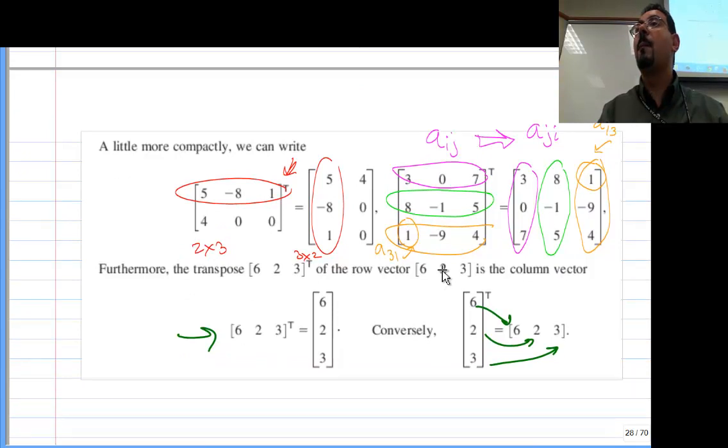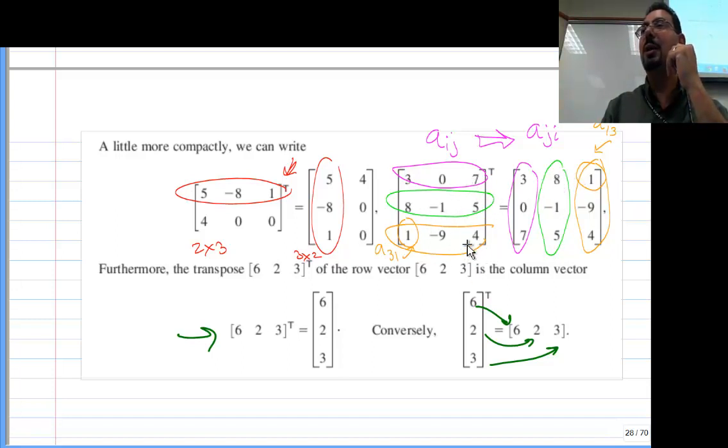On the left-hand side, it's turned counterclockwise. Some of the examples are turned clockwise. So it's not really clockwise or counterclockwise. Let's look at this one. This first row should end up being the first column. So it seems that it has turned, clockwise or counterclockwise? Clockwise. And the second row, what should it be?